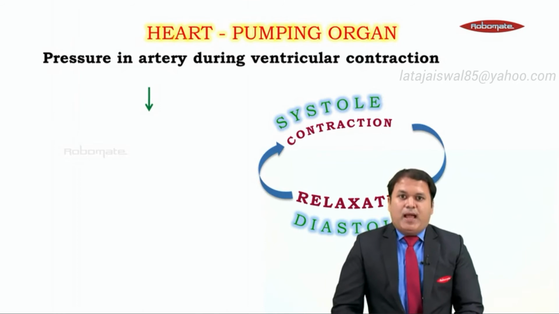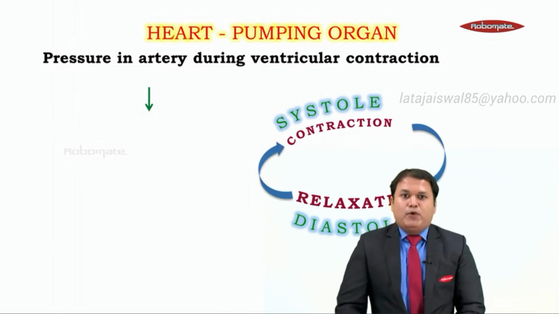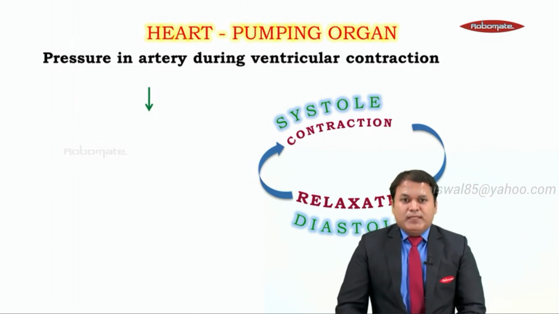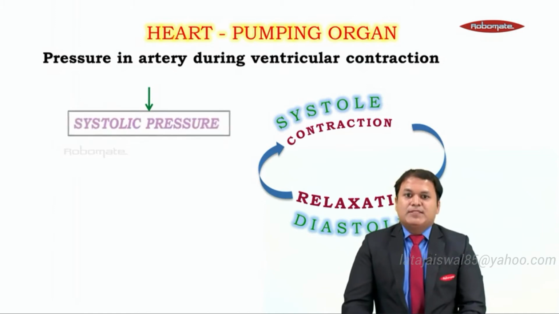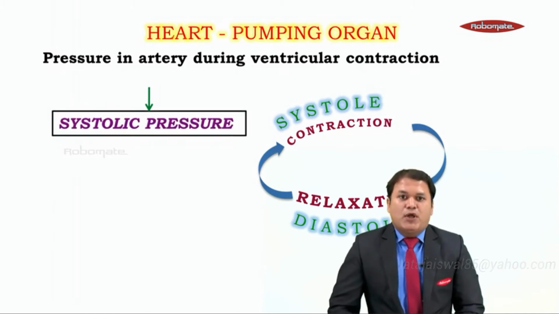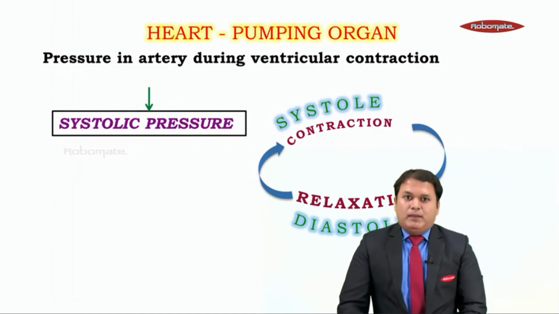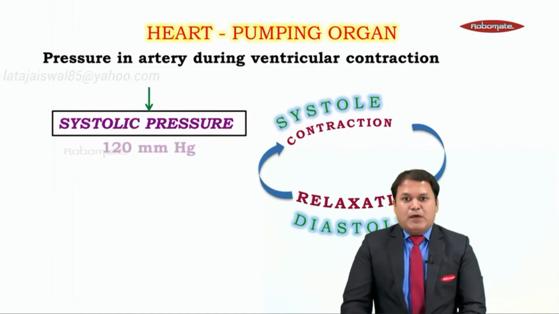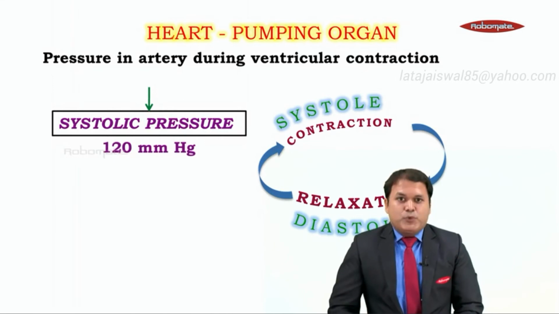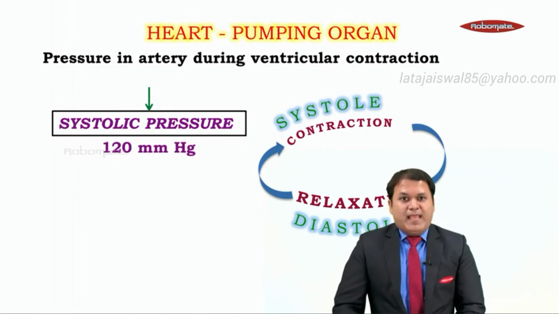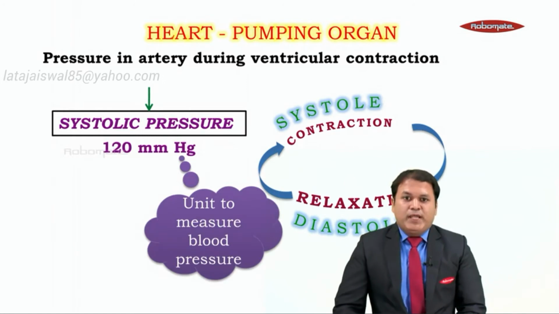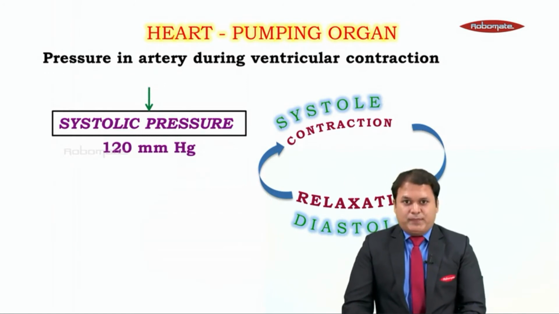So the pressure in the artery during ventricular contraction, that is during the systolic phase, is called the systolic pressure. And when measured, the normal systolic pressure comes out to be 120 millimeters of Hg, that is millimeters of mercury. It is the unit to measure blood pressure.